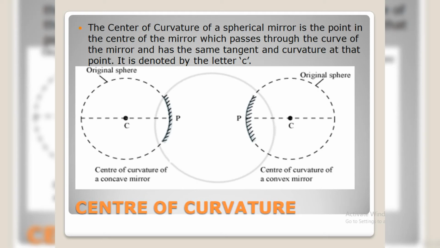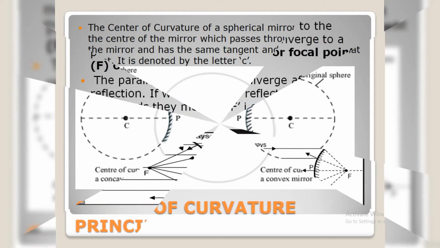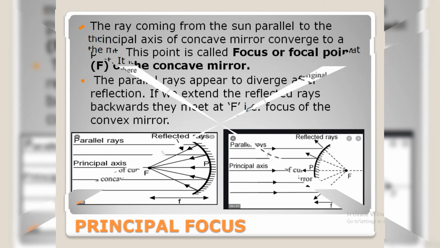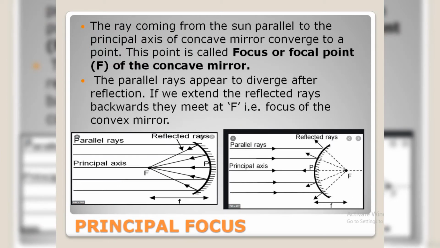All the radii meet at one particular center. This center is called the center of curvature. Geometrically, if you draw the mirror like a circle, the middle point is the center of curvature, sir.